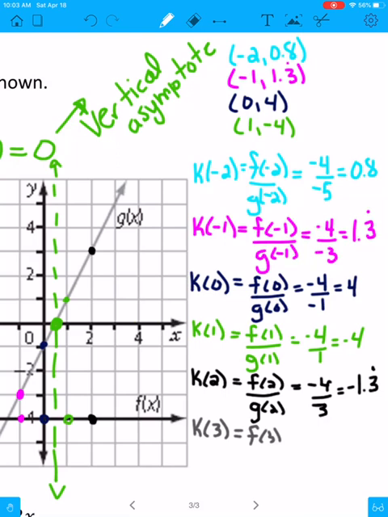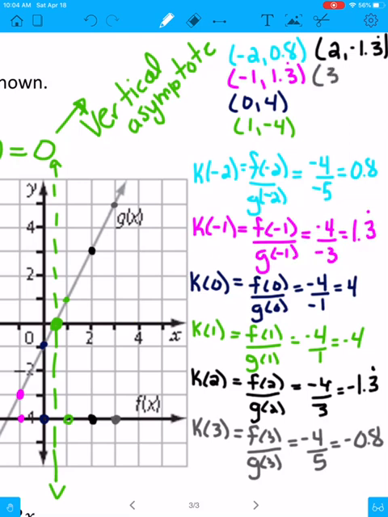Oh, sorry, I didn't plot that one up here. The previous one is at 2 and negative 1.3 repeating. Go back to my gray. F of 3 divided by g of 3. F of 3 is negative 4. G of 3 is 5. Which is negative 0.8. 3, comma, negative 0.8.